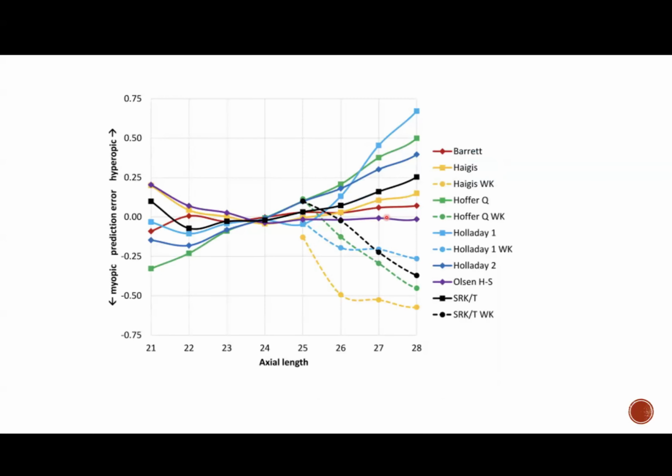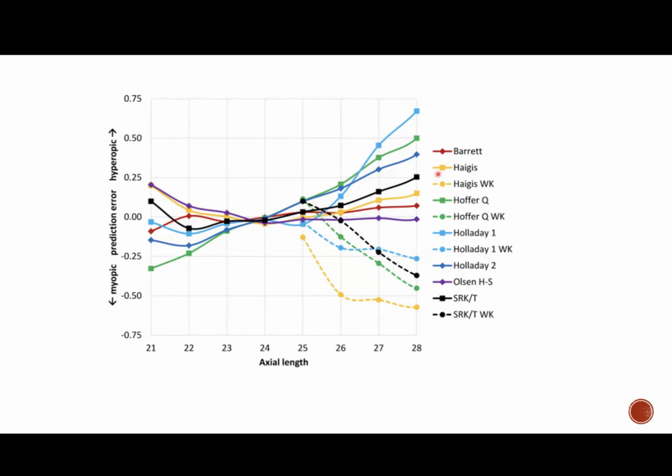This is the prediction error, and this is the axial length. When the axial length changes from 21 to 28, just forget everything and concentrate on the red one.